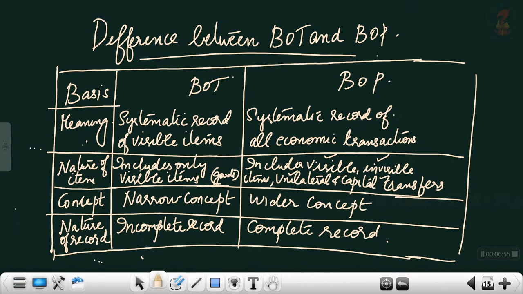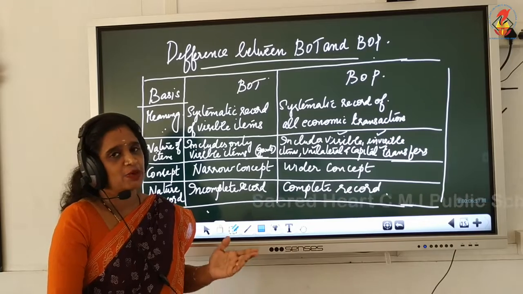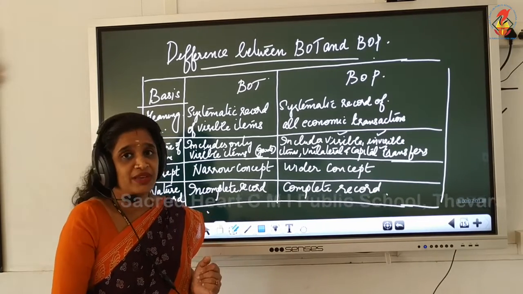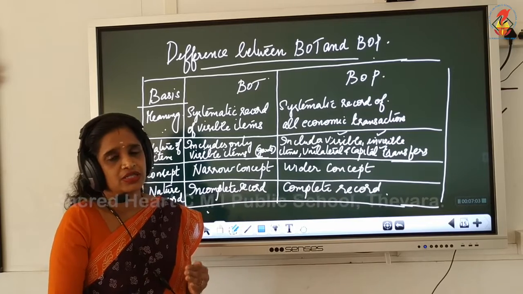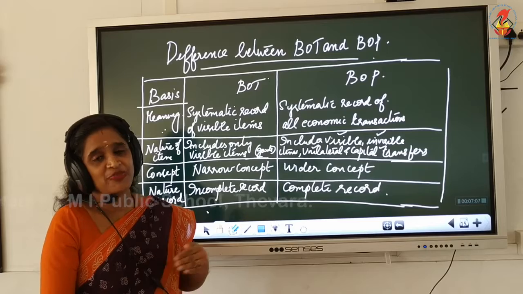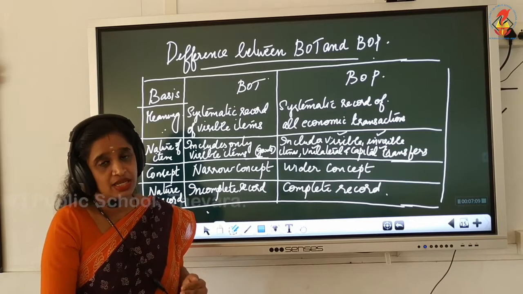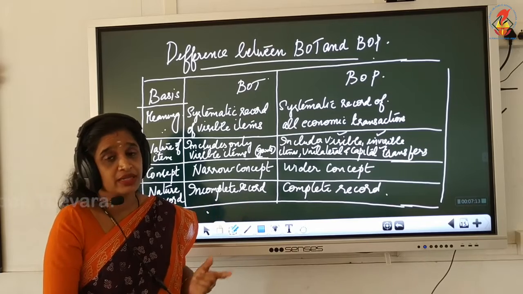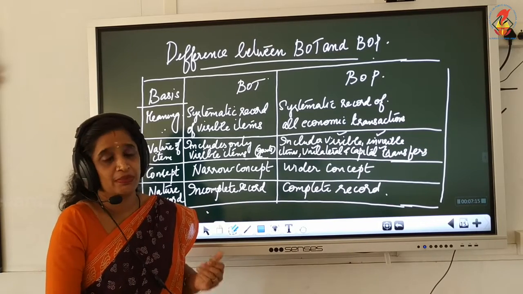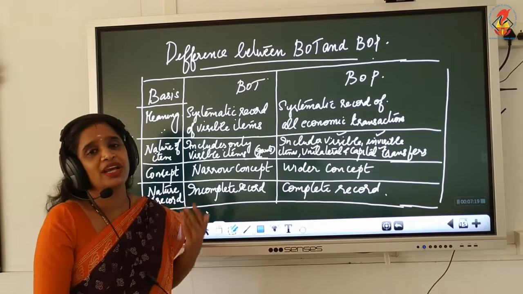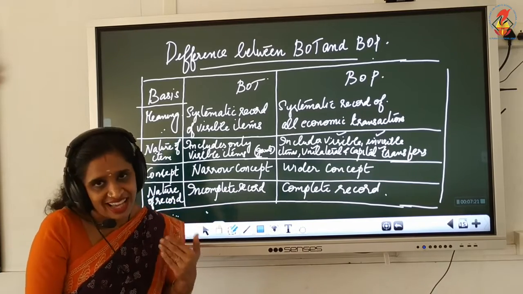Because it considers only, again, the same explanation, visible items. But whereas balance of payment is a complete record because it gives a full picture about all the items of the economic transactions such as capital transfers, unilateral transfers, invisible items as well as visible items. But whereas balance of trade will give an idea only about the visible items.